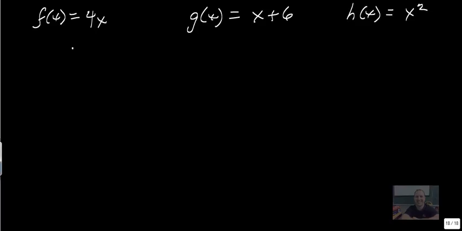Let's do a little test here and see if you know what you're doing. So let's do this, f of g of x. I want you to write that down as an unsimplified equation. Take a moment and write that down, and I'll reveal the answer in a second.